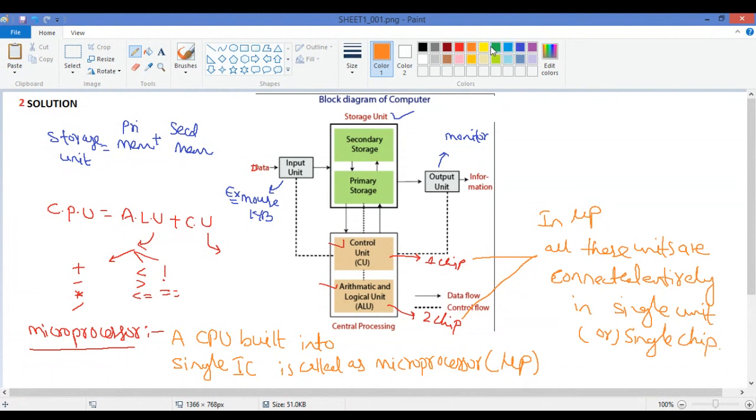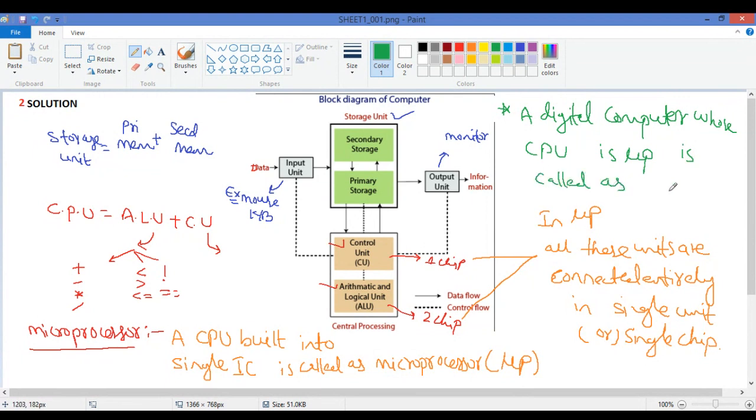Let me choose another color. Yeah, the last point: a digital computer whose CPU, central processing unit, is a microprocessor is called a microcomputer.